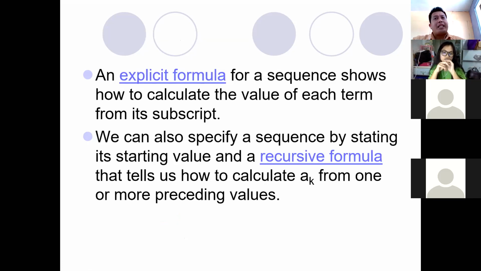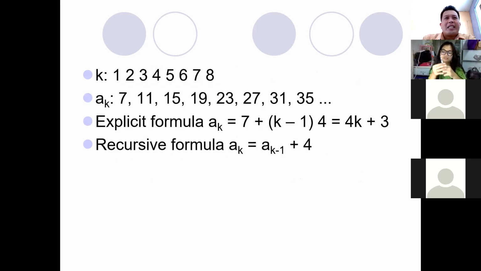An explicit formula in a sequence shows how to calculate the value of a term, provided that you know which term it will be, for example the 10th term, the 7th term, or the 8th term. But when you talk about a recursive formula, you just have to know the common difference, because it is a recurring sequence of numbers. As an example, here is a recursive pattern: 7, 11, 14.